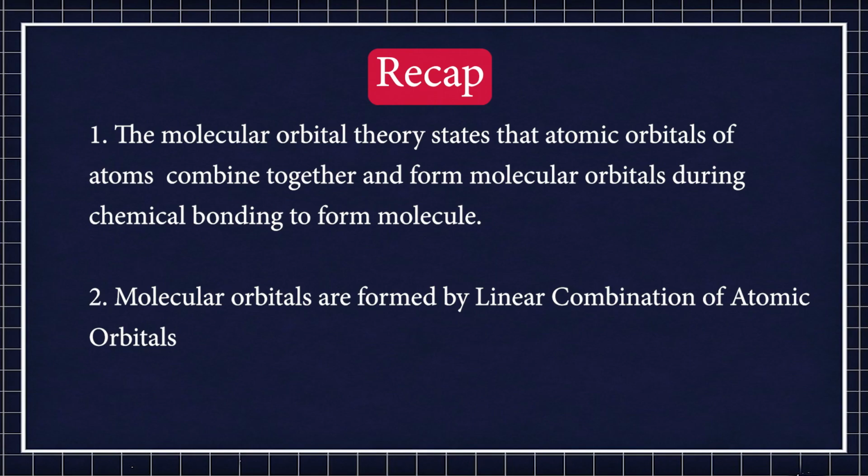Now, take a quick look at the main points which we discussed in today's class. The molecular orbital theory states that atomic orbitals of atoms combine together and form molecular orbitals during chemical bonding to form molecule. Molecular orbitals are formed by linear combination of atomic orbitals.